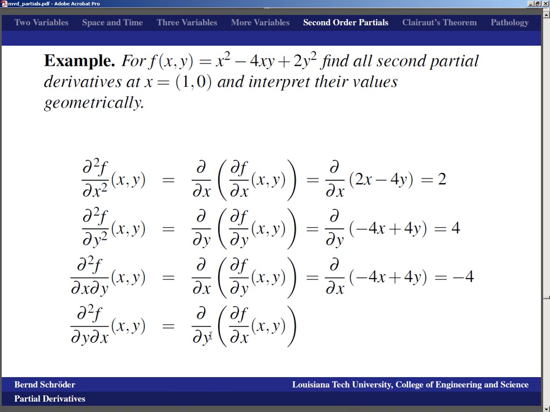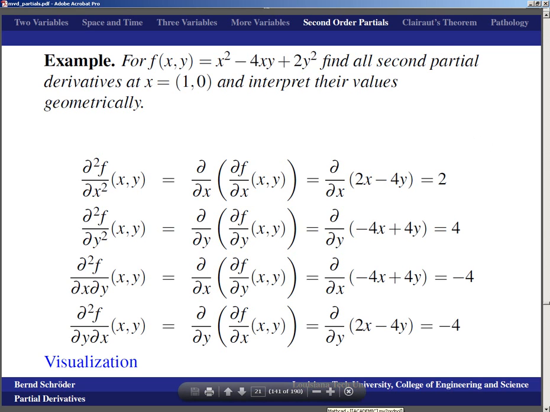It's the partial with respect to y of the partial with respect to x of f, and so that would mean we take the partial with respect to y of 2x minus 4y, and that turns out to be negative 4 also. And it turns out that this equality is not an accident. That is ultimately the idea behind the subject of Clairaut's theorem, which we'll talk about in just a little bit.